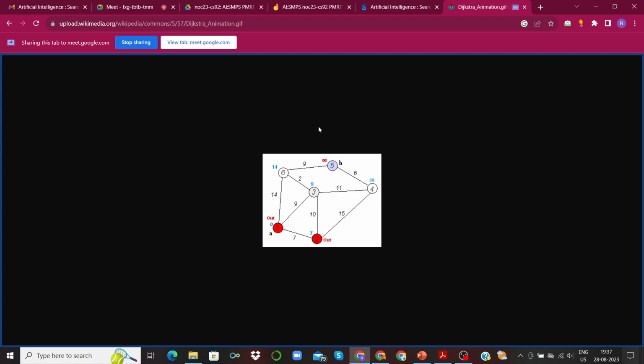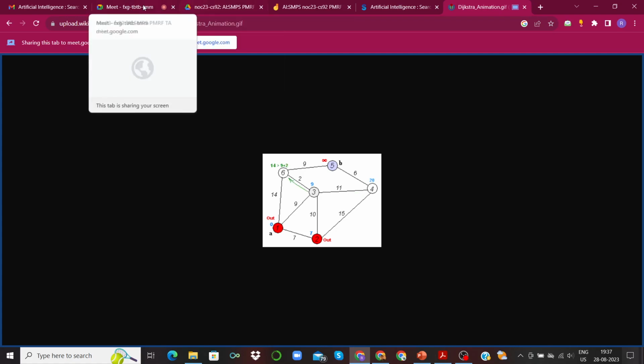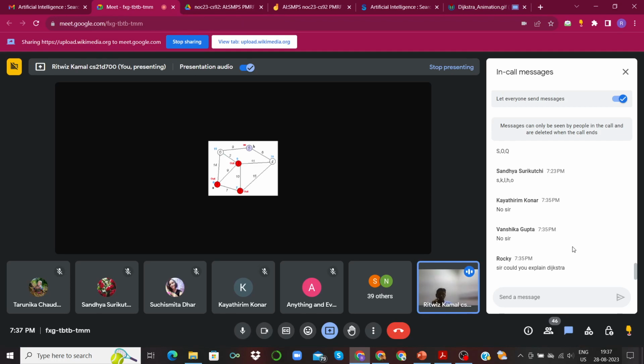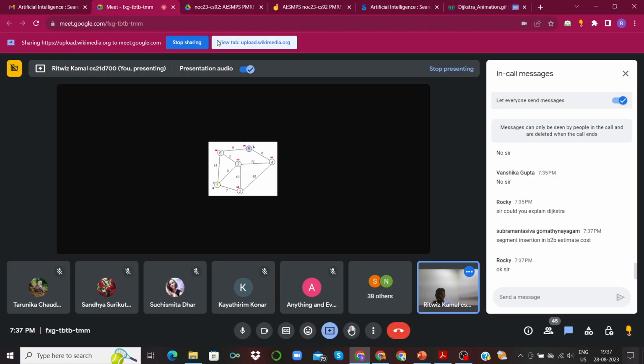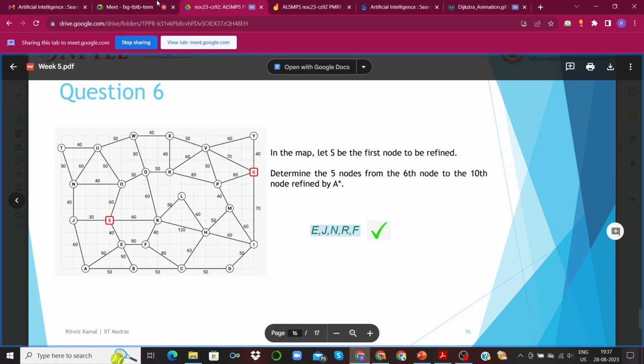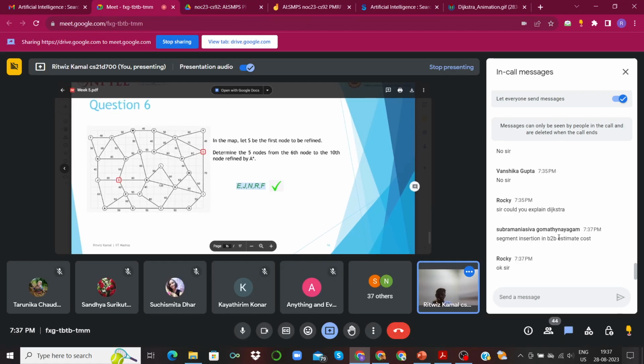I will have to revisit the detailed steps of Dijkstra's in order to explain it better, Rocky. Unfortunately, I'm sorry about that. But you can always do some Google search and you will find some or the other good explanation of Dijkstra's algorithm, right?